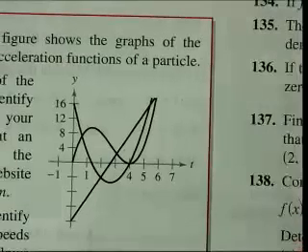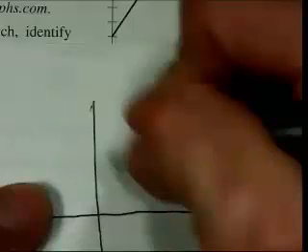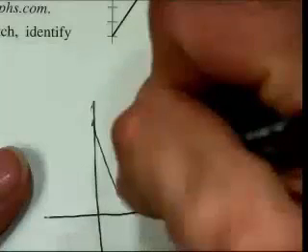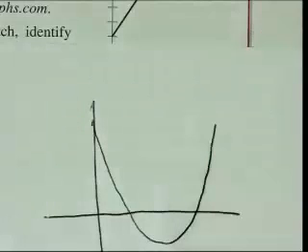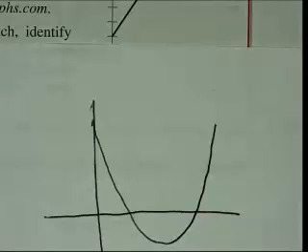So, let me draw you a picture. If this is my velocity function, and speed is the absolute value of that, what is the speed function going to look like?